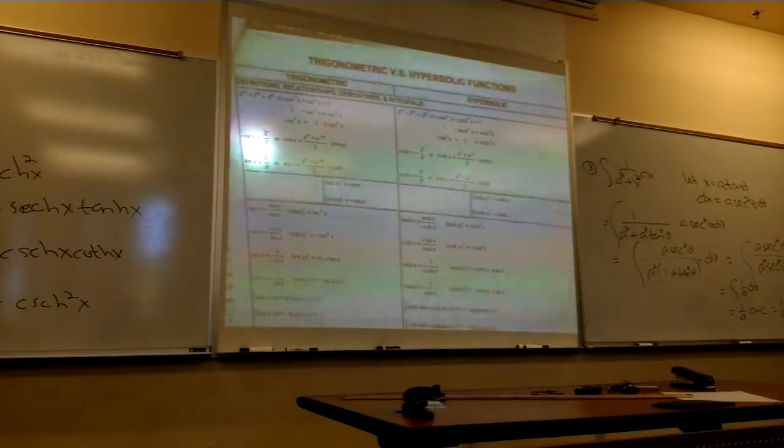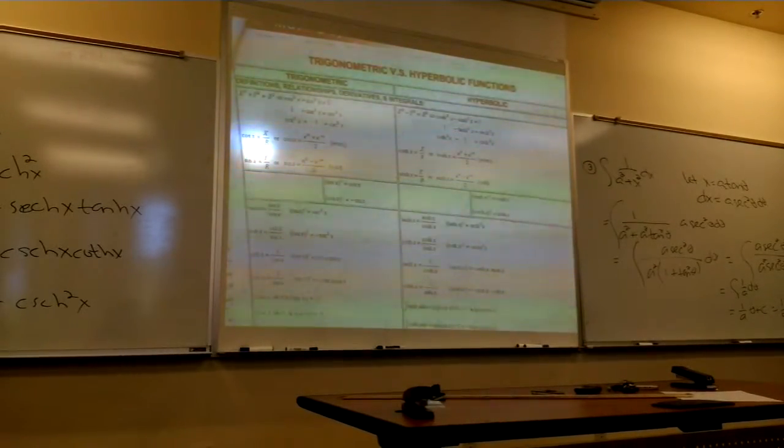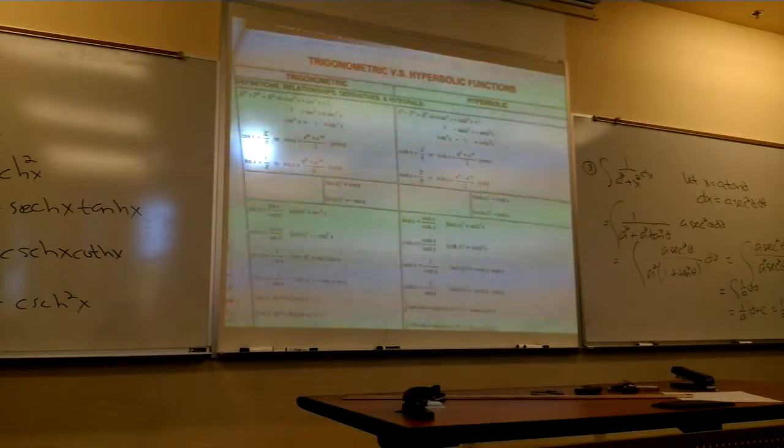In DE, when you study differential equations, life is so much easier, in a higher order DE with certain types of functions, to commit to the hyperbolic functions; it facilitates the differentiation process greatly. So for those of you in 33, you're going to see that this semester.